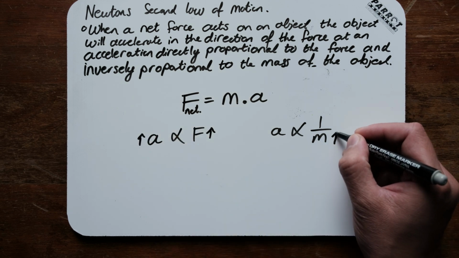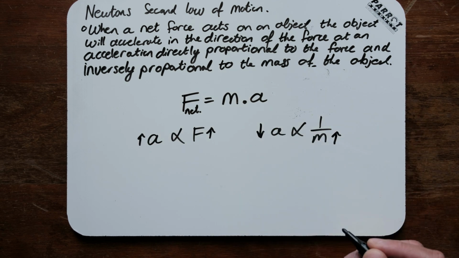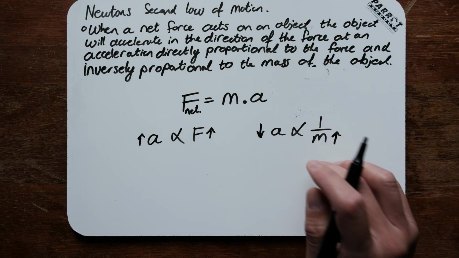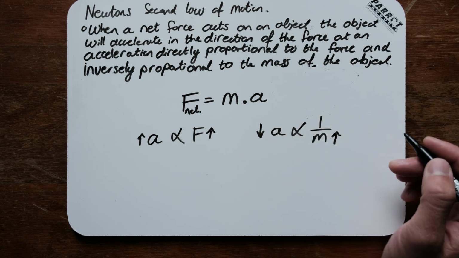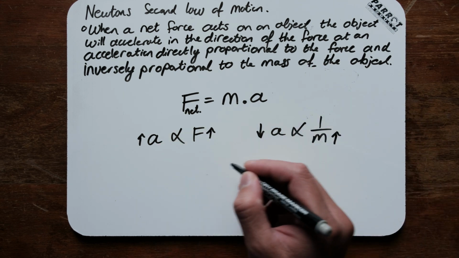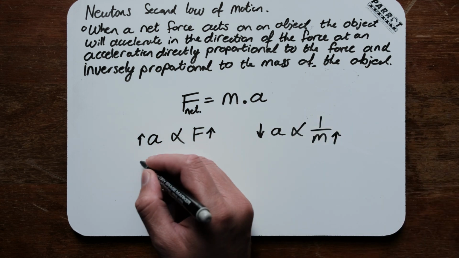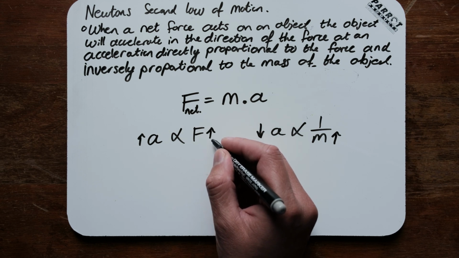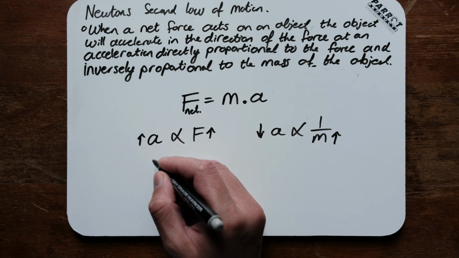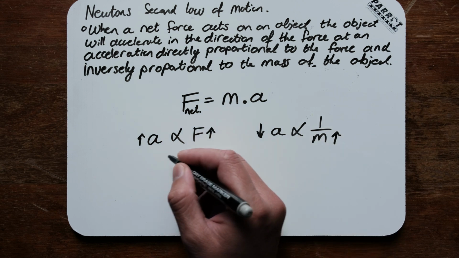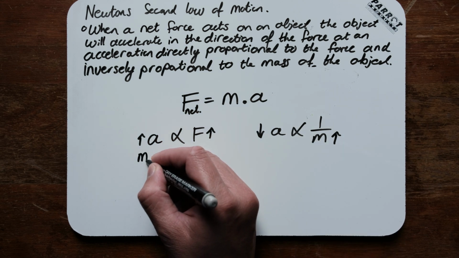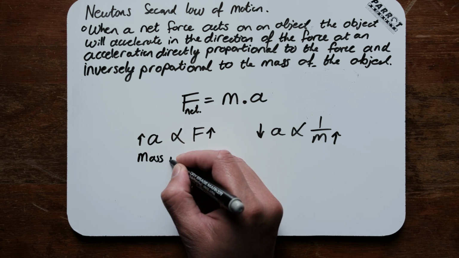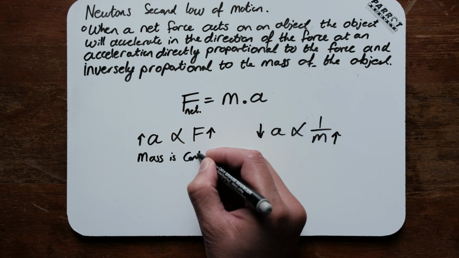But if we increase mass, we actually decrease acceleration, because the heavier something is, the slower the object will move at a constant force. And if we exert a force on an object, the more force we exert, the more acceleration the object will experience. Bear in mind that in this condition, the mass is constant.